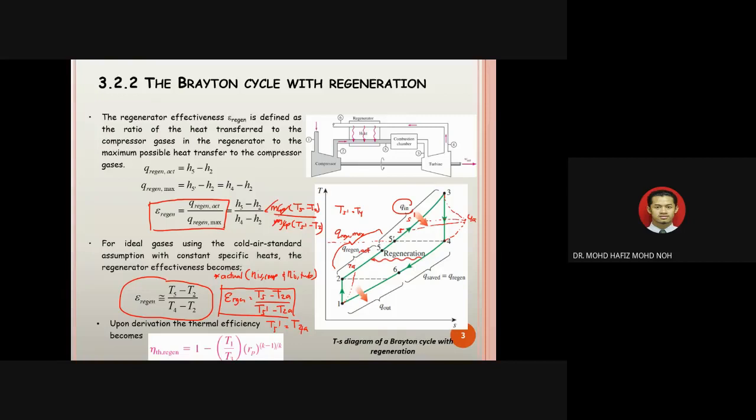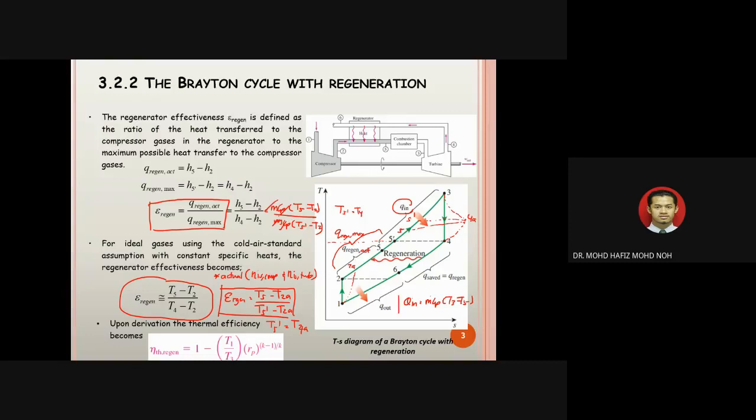And the Q in, from T5 to T3, equals m dot Cp (T3 minus T5).